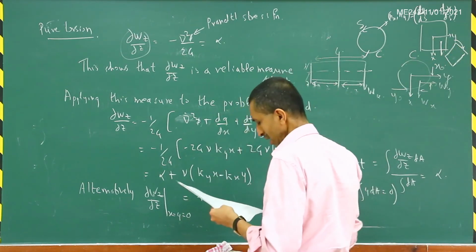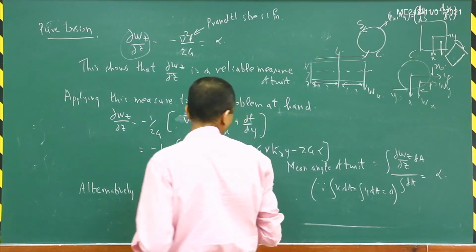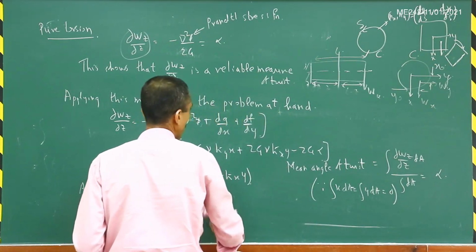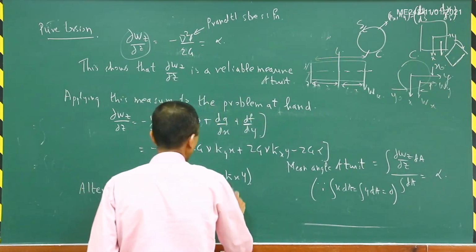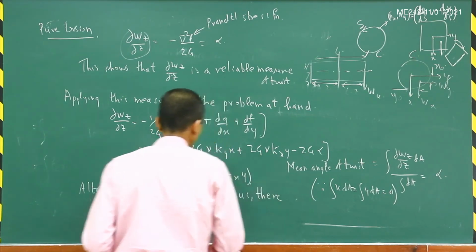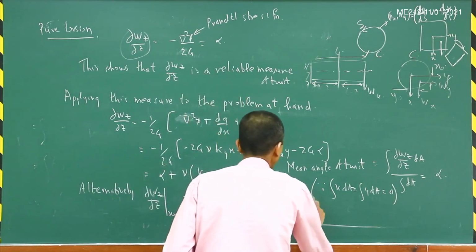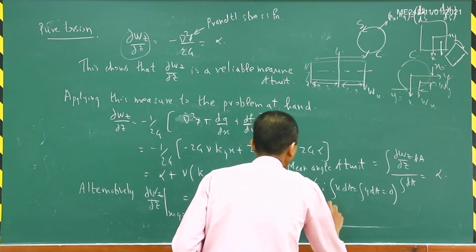Either interpretation is fine. So let us just conclude this discussion here: there is twisting, and this twisting is given by this alpha. So there is a twisting in addition to bending.